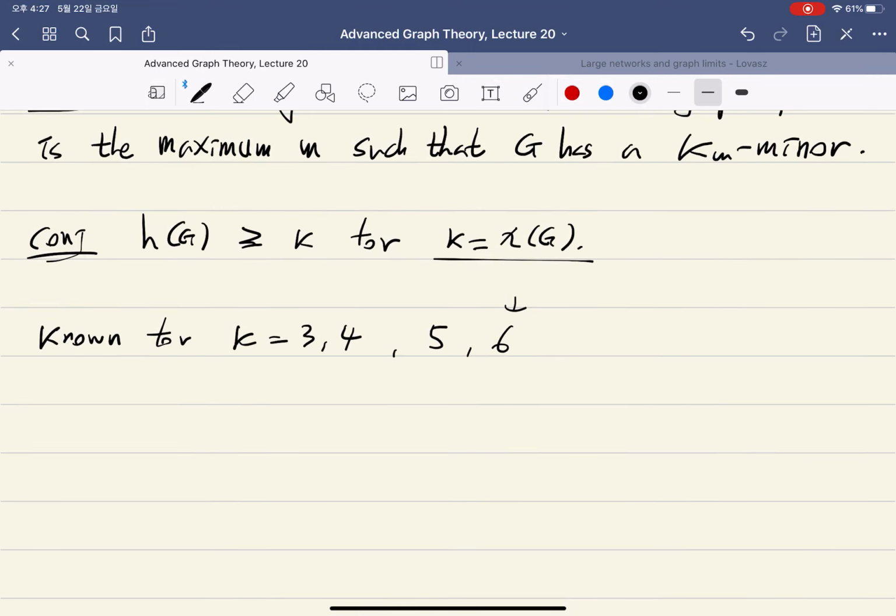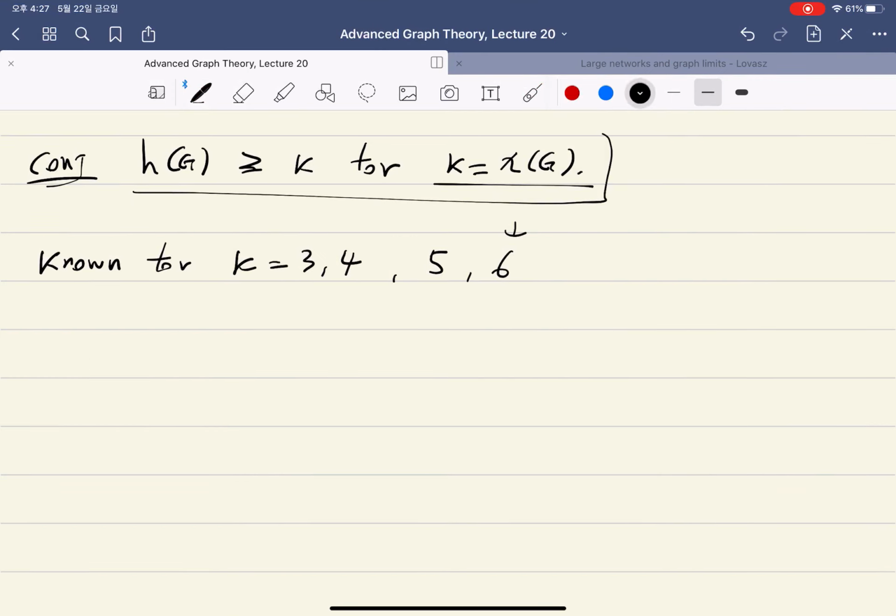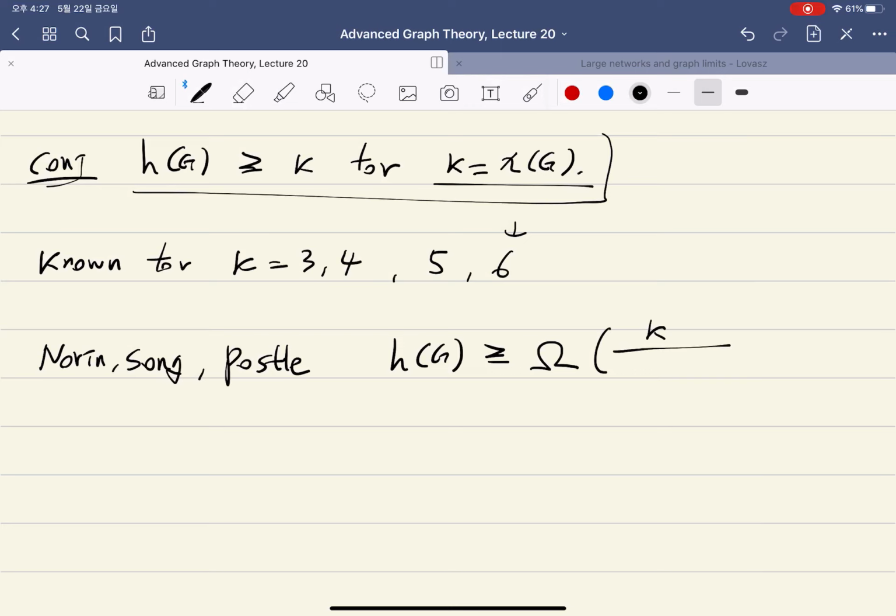As this is a difficult conjecture, what people do is, instead of proving this inequality, they first try to prove a weaker inequality and keep strengthening it. The current best bound is by Norin, Song, and Postle, who recently proved that the Hadwiger number is at least some constant times k over (log k) to the 1/4 plus some small number.